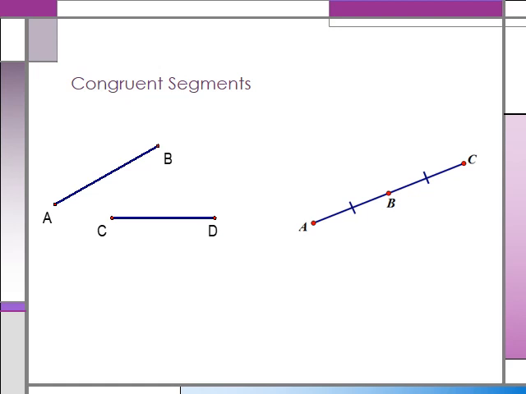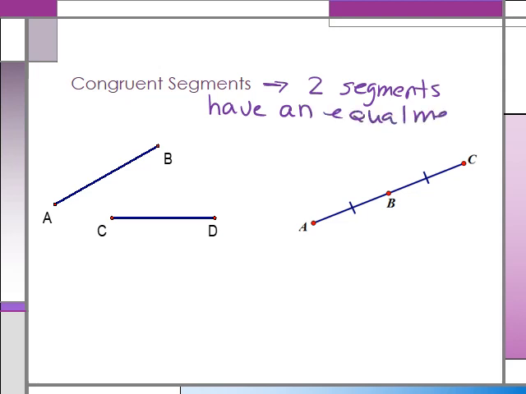Congruent segments. This is just saying that two segments have an equal measurement. These little tick marks mean that they're congruent.